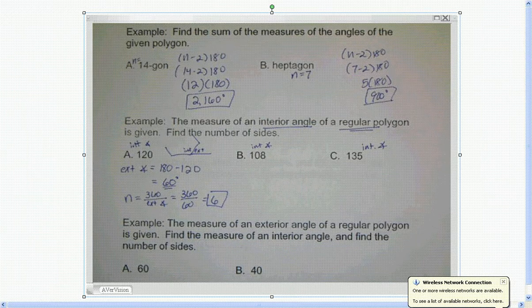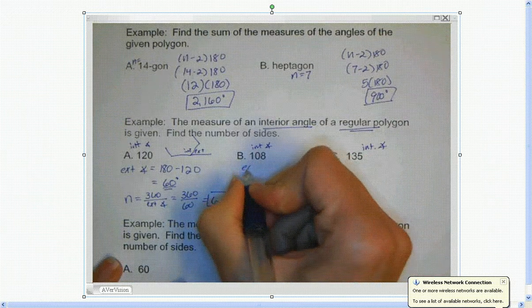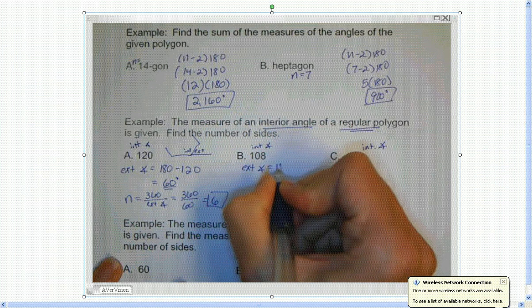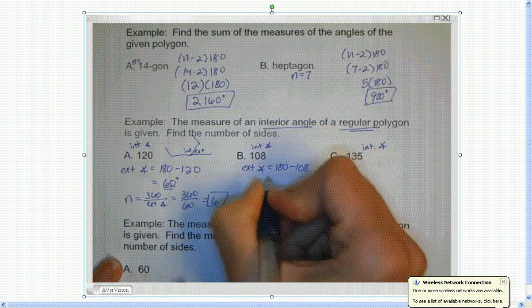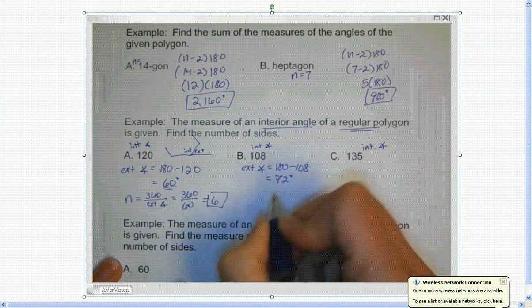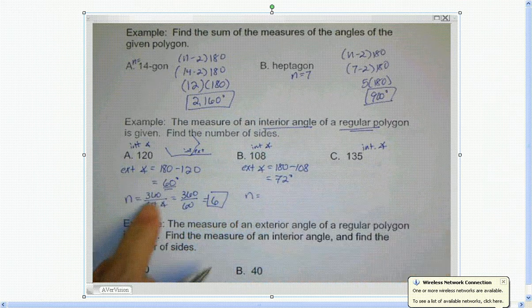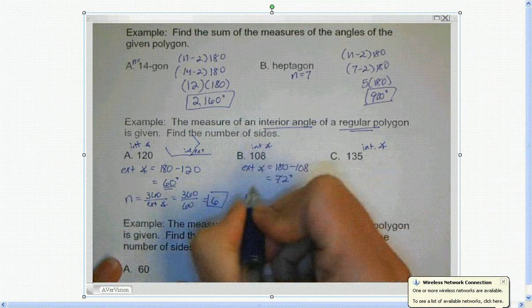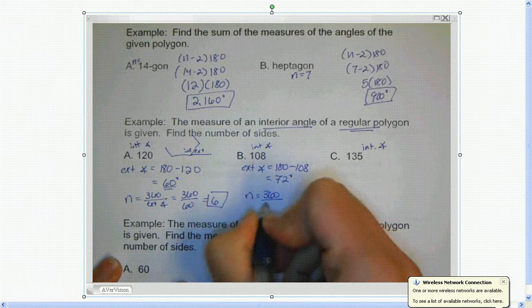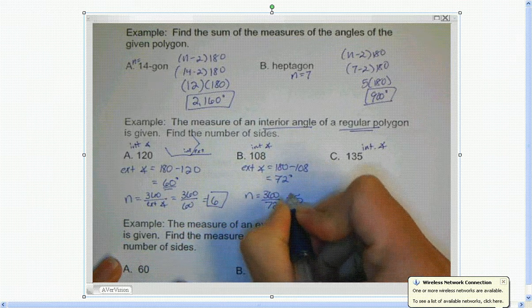So we have a hexagon. Do the same idea here. If I'm going to find my exterior angle, just go 180 minus 108. That's 72 degrees. To find my number of sides, I'm going to go 360 divided by the exterior angle. So 360 divided by 72, which gives me 5. That's going to be a pentagon.